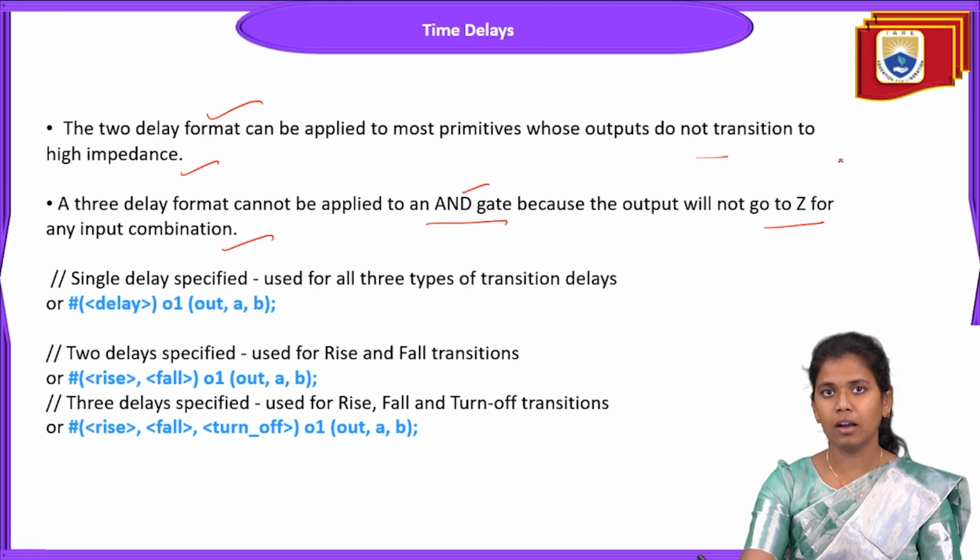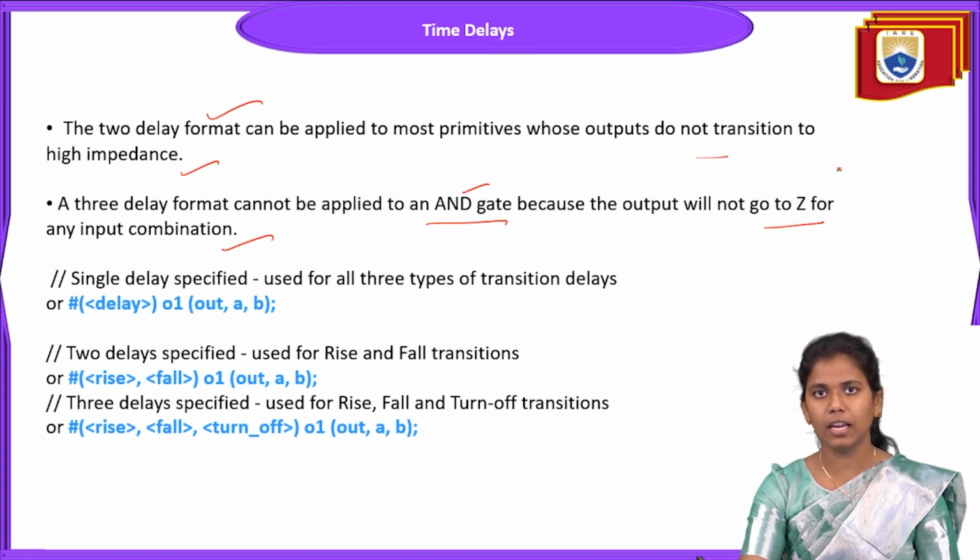When you consider the AND gate, you observe the output for 0 0, 0 1 and so on, and you never get any output in terms of X and Z.